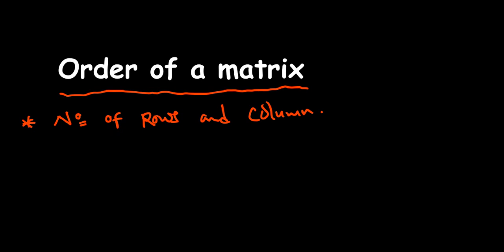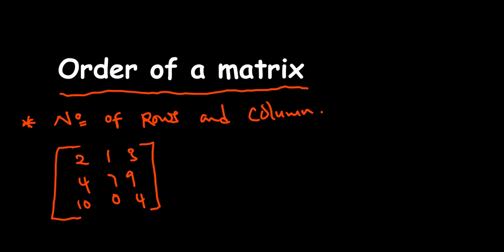For example, if I have this matrix here, let me say 2 1 3, 4 7 9, 10 0 4. Let's say this is my matrix A. We can describe the order, or size, of this matrix by counting the number of rows and then multiplying by the number of columns.